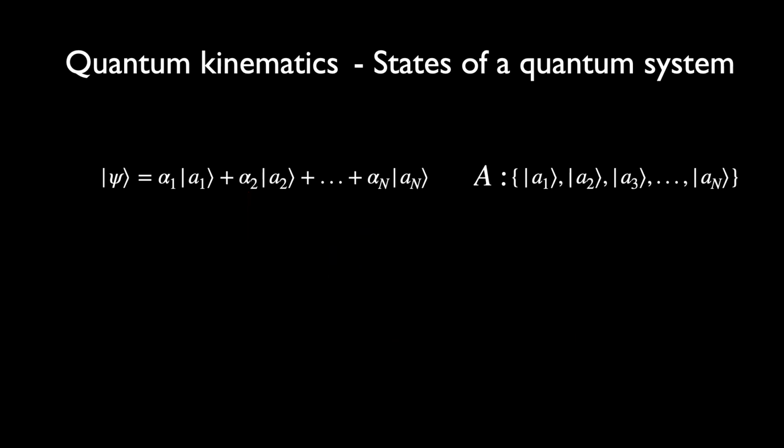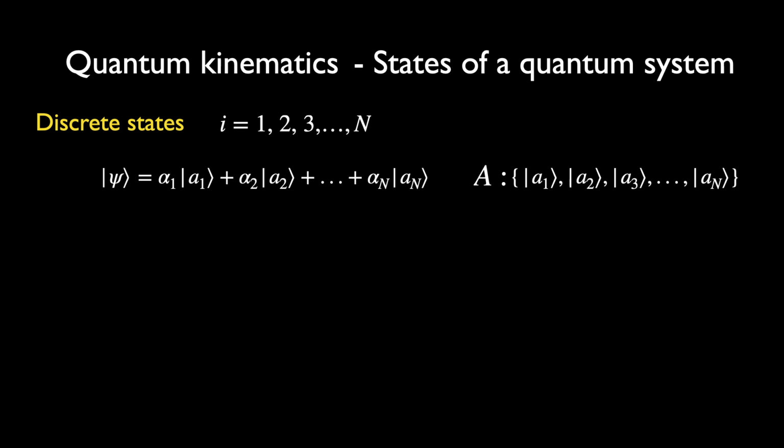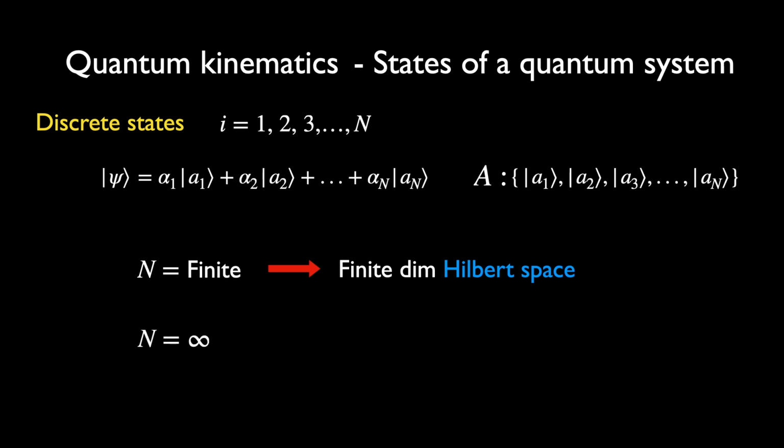In the last video, we dealt exclusively with discrete states, with measurement outcomes that could be labeled by a discrete index. When the total number of outcomes, n, is finite, we say that the system lives in a finite-dimensional Hilbert space. In principle, n could also be infinity, which means the number of basis elements is infinite but still discrete, and the results we derived in the last video will typically hold without any modifications.